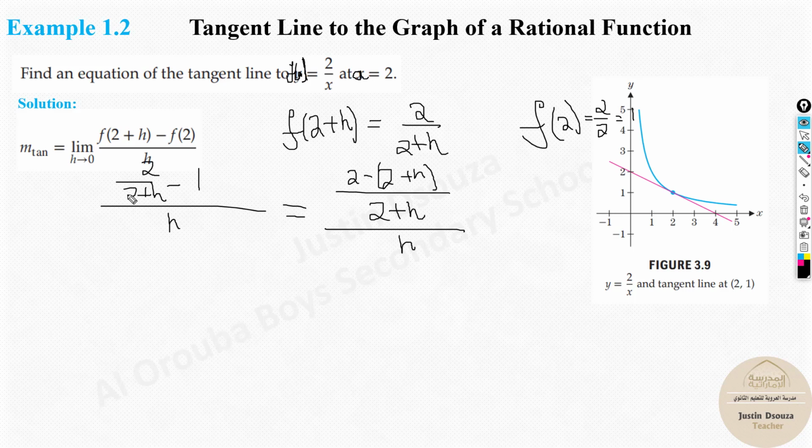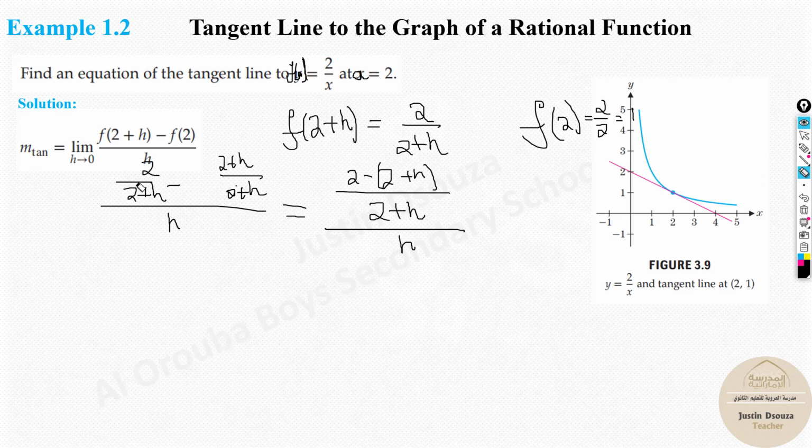If you're thinking how this happened, if it's 1 and you need a common denominator, you can multiply and divide by the denominator of the other term. So if you multiply this by 2 plus h divided by 2 plus h, you have a common denominator now.